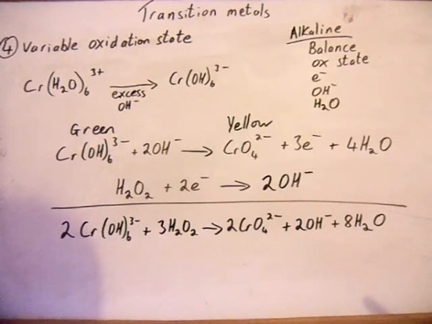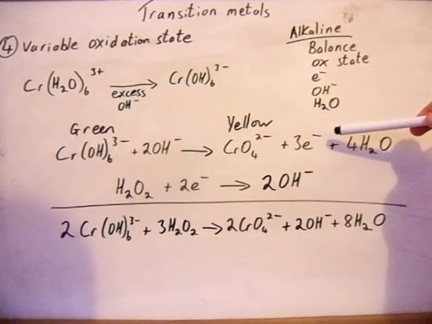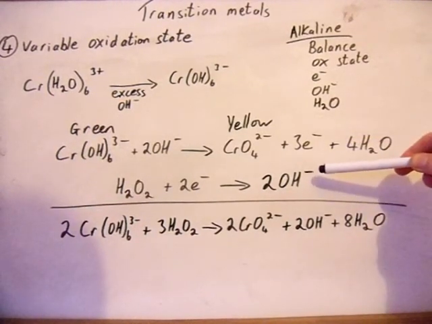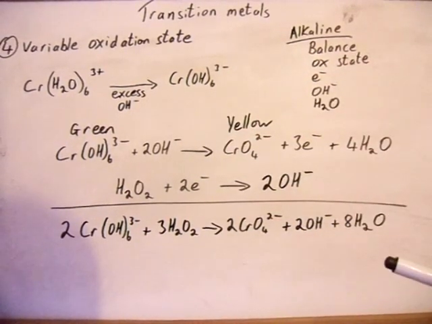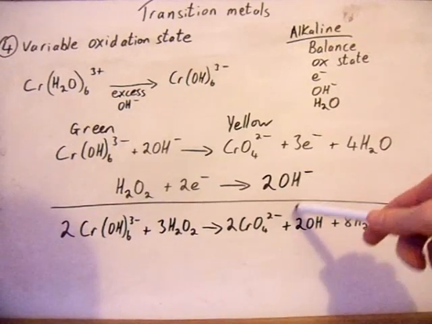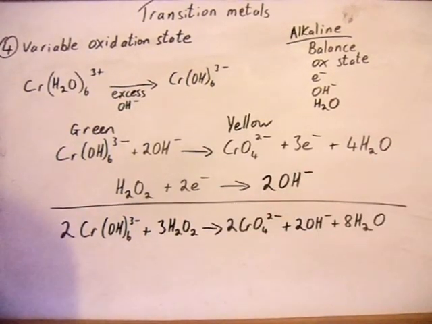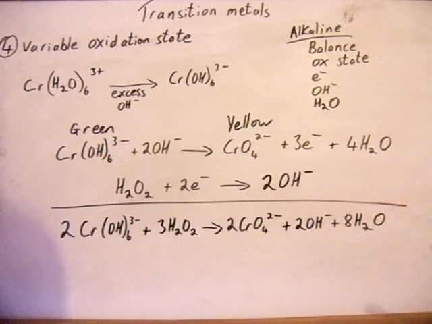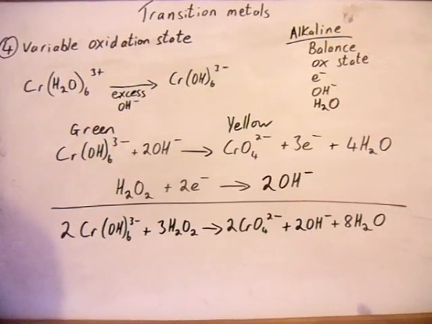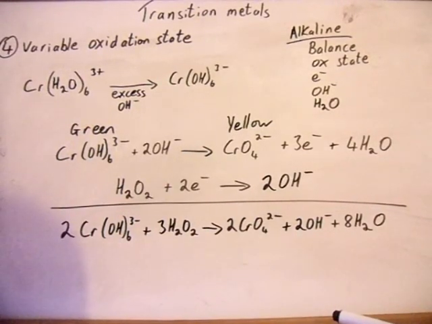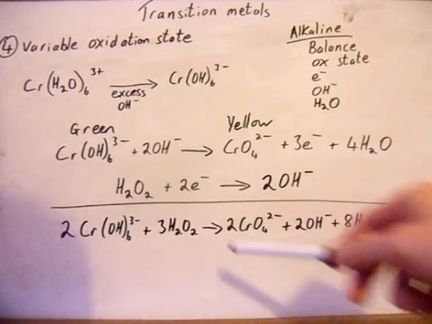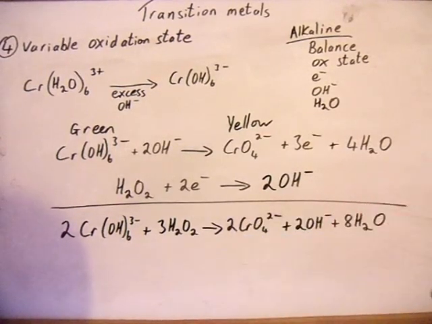Now if I combine them together into a full equation, the electrons need to cancel, so I multiplied this line by 2 and this line by 3, and then it's just a case of cancelling whatever appears on each side. Some of the hydroxides cancelled each other out, which is why I've just got 2 left here and none of the reactants. So there's my overall equation showing how the chromium complex across here is being oxidized by the hydrogen peroxide, and it's giving me the chromate.